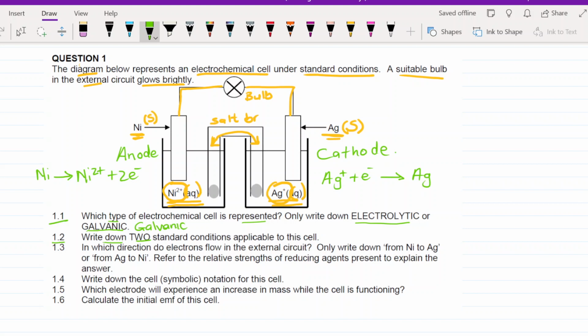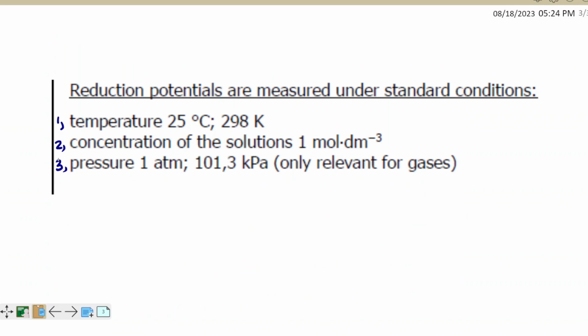Write down two standard conditions applicable to this cell. There are three standard conditions for a galvanic cell to operate, but they just said we must write only two. What are these three standard conditions? Okay, so these are the three standard conditions.